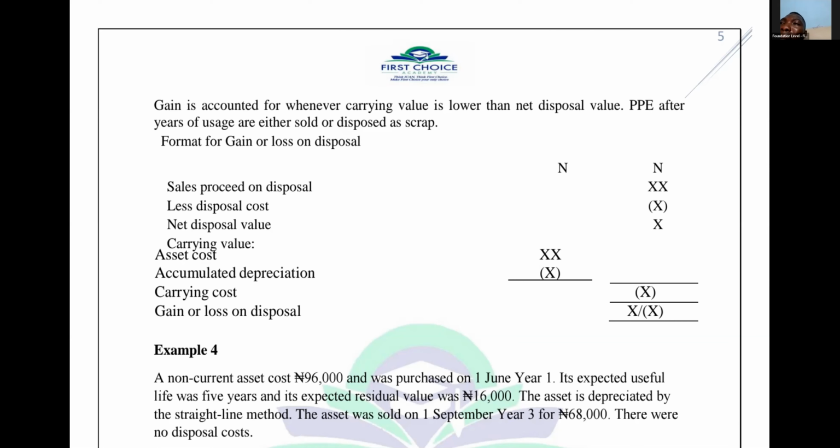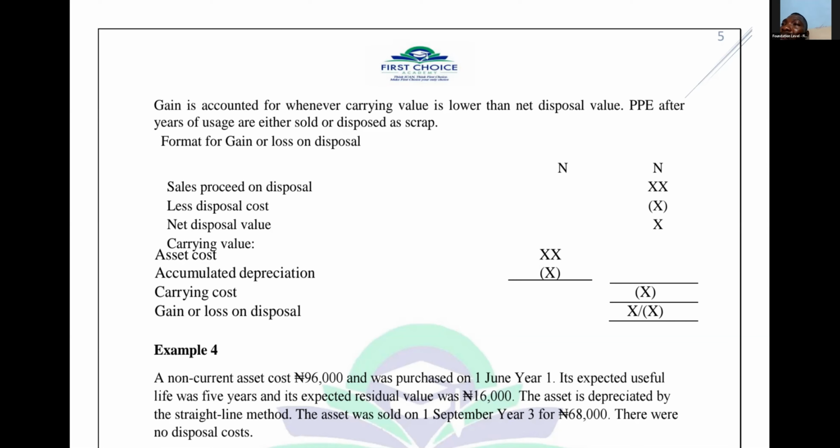And now you minus accumulated depreciation. Accumulated depreciation is all the depreciation from the purchase of the asset to the point that you want to dispose of it. All the depreciation will be added together to give you your accumulated depreciation. Cost minus accumulated depreciation will give you your carrying amount.